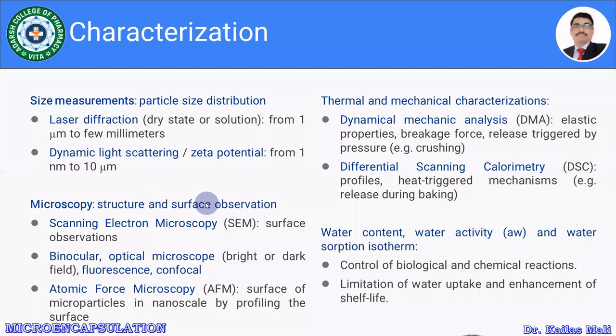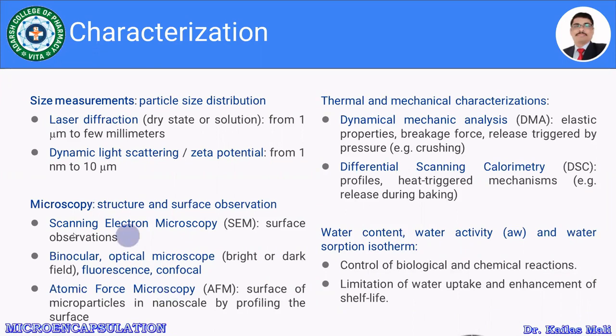There are so many technologies available to get the idea about the structure and surface of prepared microspheres. The very first one is scanning electron microscopy. The second one is by using microscopes like the binocular, optical microscope, or fluorescence or confocal. And the last one is atomic force microscopy.